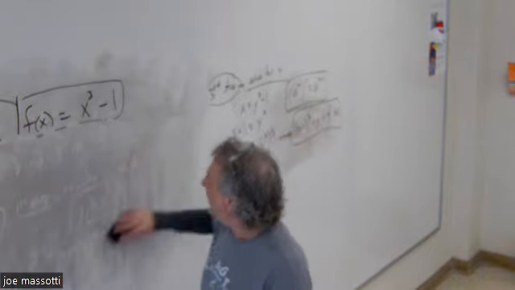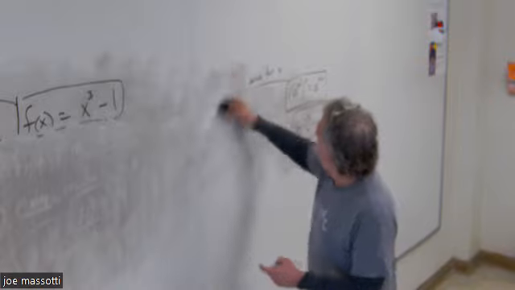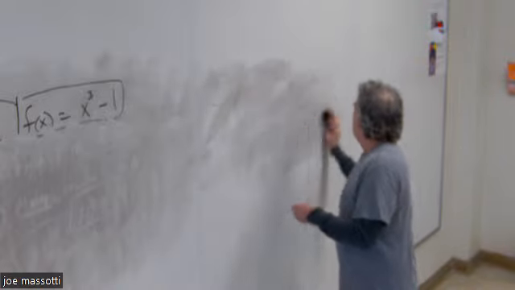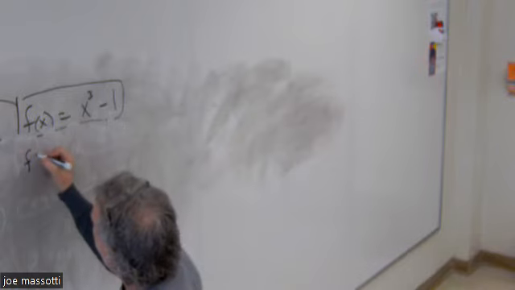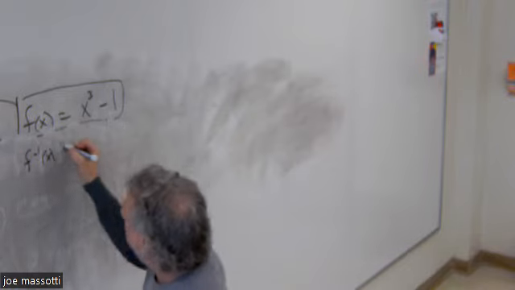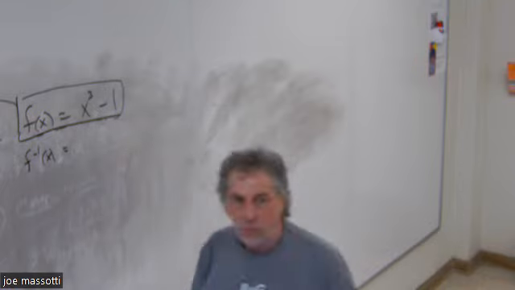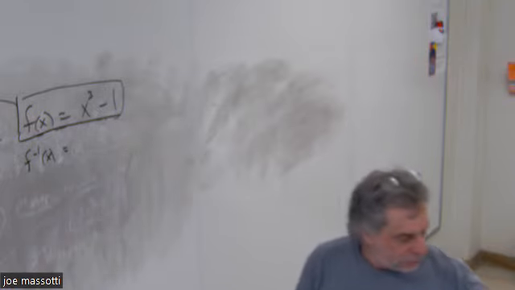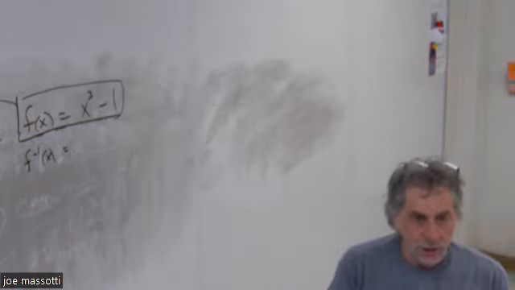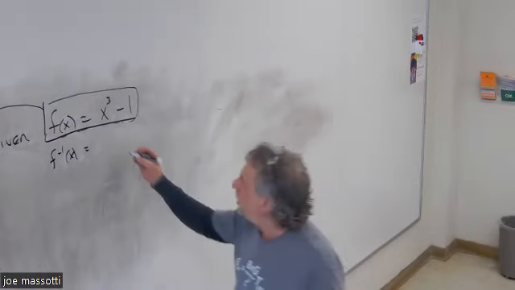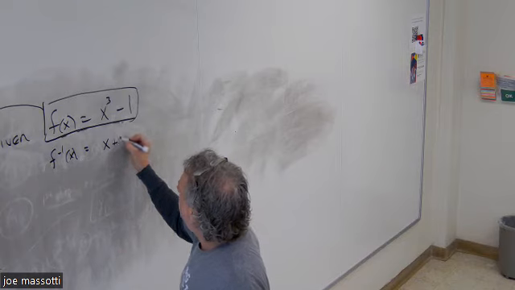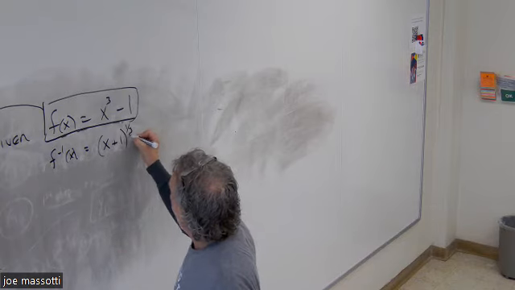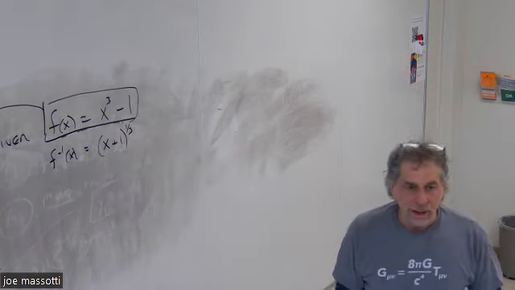So I'll leave the f of x, and I'll rewrite the inverse function. I'm going to call it the inverse function, even though I haven't proven it yet. I'm going to try to prove that this is the inverse function, which was x plus 1 to the 1/3. So that's what I'm calling my inverse function.